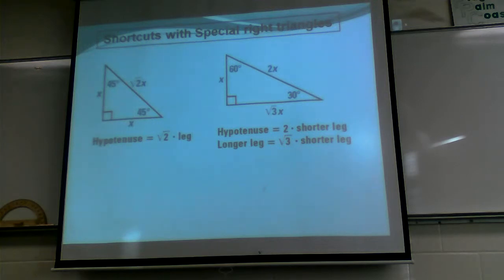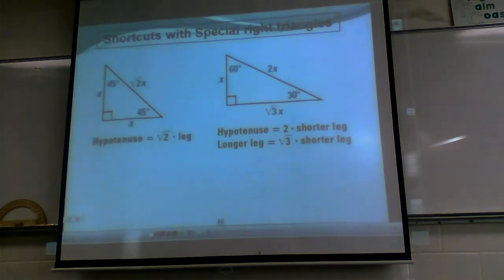But the whole idea is that the 45, 45, 90s aren't that hard. Okay? Basically the way this goes on 45, 45, 90, if you've got the smallest side, you multiply by square root of 2 to go over there. If you're going back from it, you divide by square root of 2.